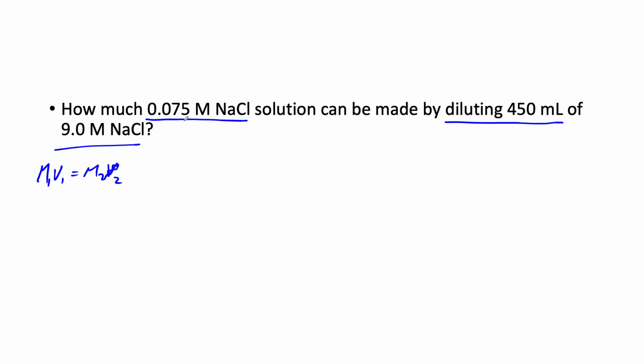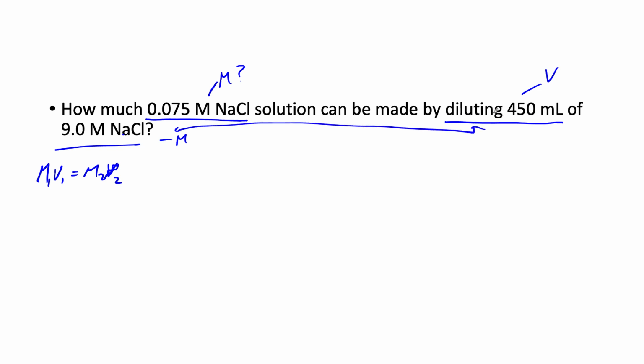So how much? We're looking for a volume of solution, because now we have a concentration. So here's one concentration. We don't know if it's first or second. Here is a volume. We don't know if it's first or second. And here's another concentration. And these two actually go together.